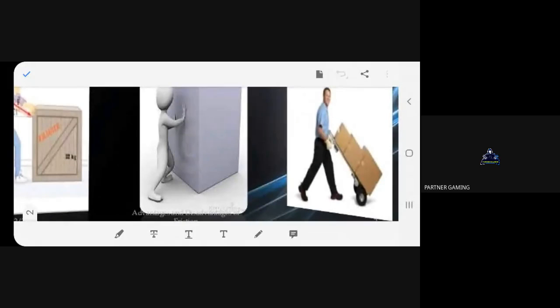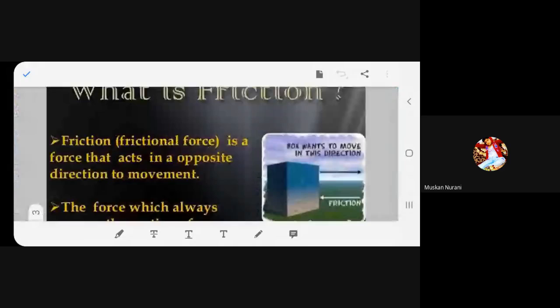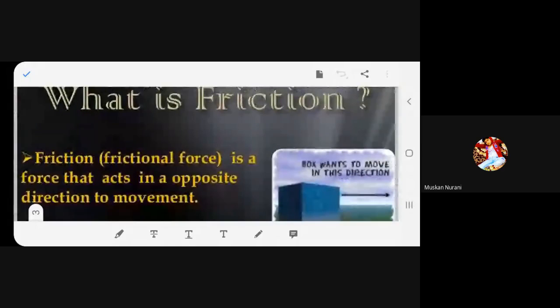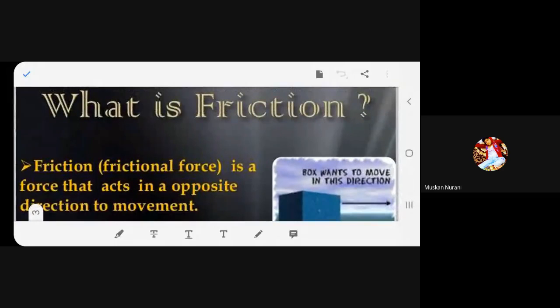Hello, do reply please. Boys, are you there? Now, what is friction? Please read. Please read, beta.